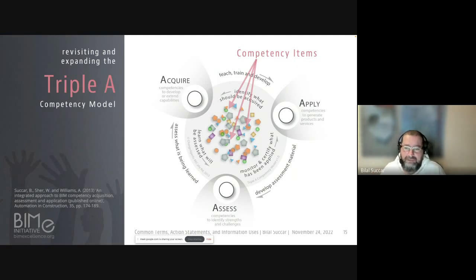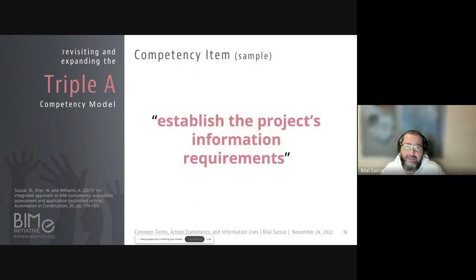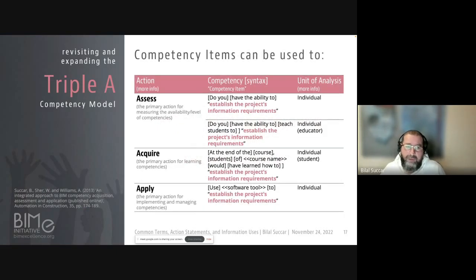By using it in different ways, we can have connections between what is assessed, what is learned, and what is implemented. So this is an example of a competency item. It's kind of like a sentence, but it's used in different ways. For example, here: establish the project's information requirements. If we apply the AAA model, we can use this sentence with some syntax to do assessment. For example, if you have a survey tool, we can use that statement to ask, do you have the ability to do this?